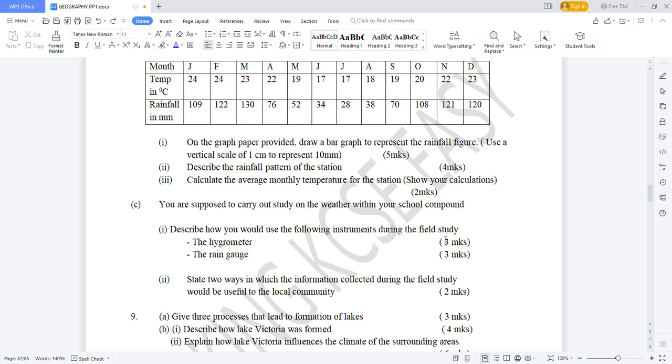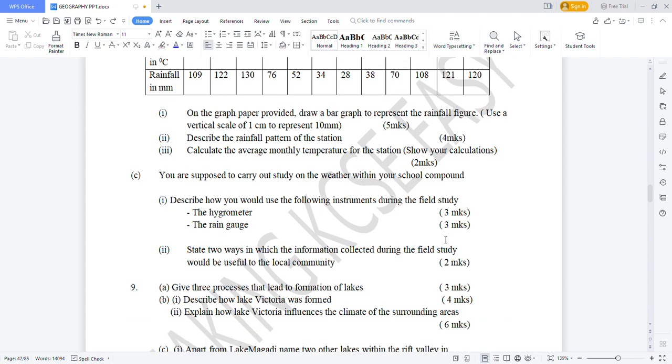Pour the water in a measuring or graduated cylinder. Then you take the reading. Then you record the reading in a book or a table.